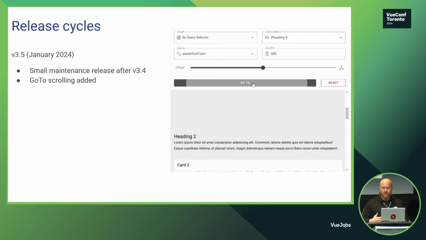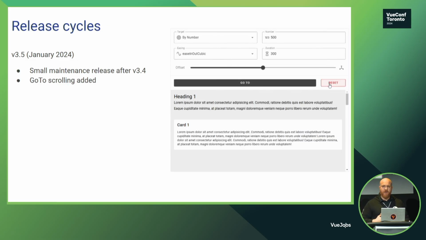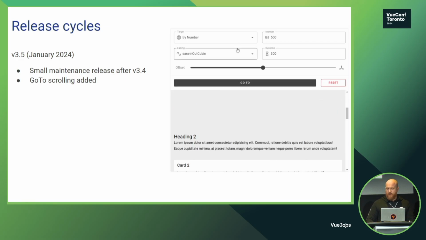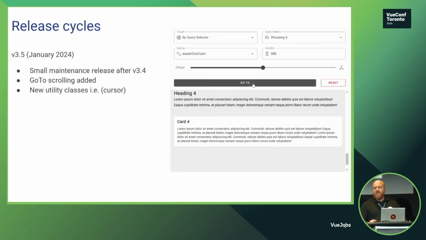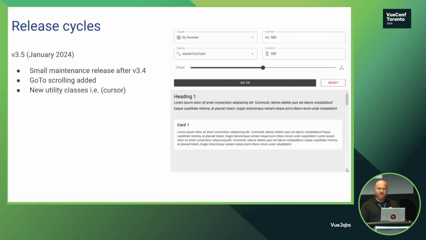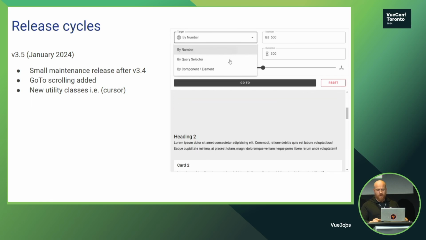So things like go-to scrolling, if you're remembering Vuetify 2. This was a framework feature that didn't make it over to version 3 early on. It's now available in the framework. We added and are continuing to add new CSS utility classes that make it easy to configure your application beyond what the normal is that we provide you.